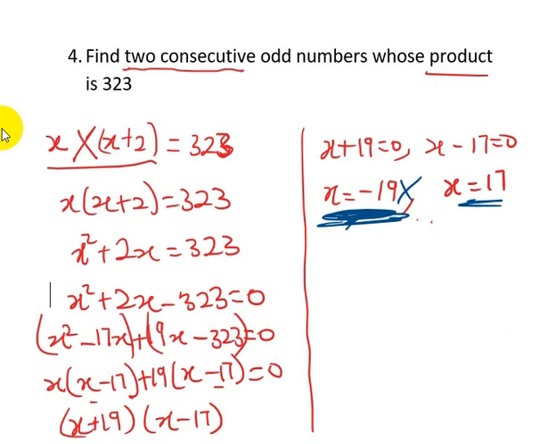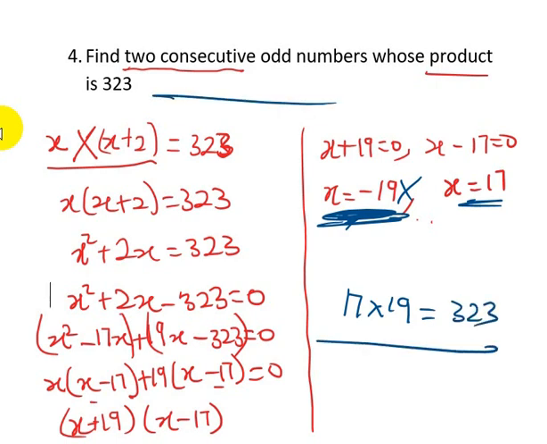So the mathematical statement means that 17 times 19 is 323. That is what this question simply means. Because when we are counting odd numbers from 17, the next odd number after 17 is 19. So these are the consecutive numbers that we are talking about for question 4. I hope it's clear. Now let's go to question 5.